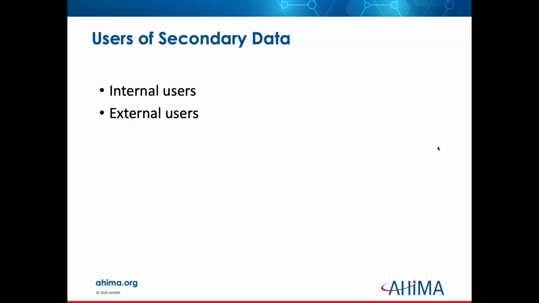For instance, I worked in an organization and I was in quality management, and I was an internal user, but I was also responsible for making sure that immunization information was getting out of our system and getting to the state, the IRIS, the Iowa Registry of Immunizations, into their registry. So Iowa's IRIS system was an external user.